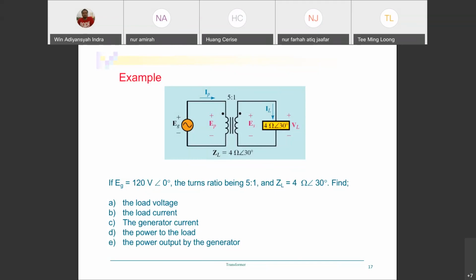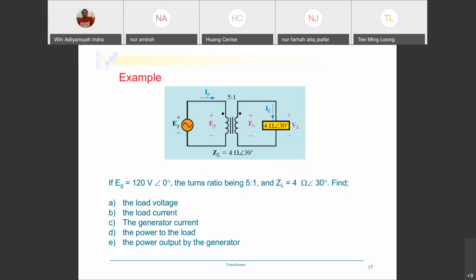The turns ratio means what? Some textbooks use the notation A, some small n, but turns ratio is the ratio between primary winding NP and secondary winding NS.